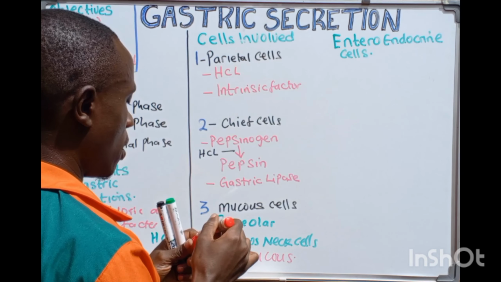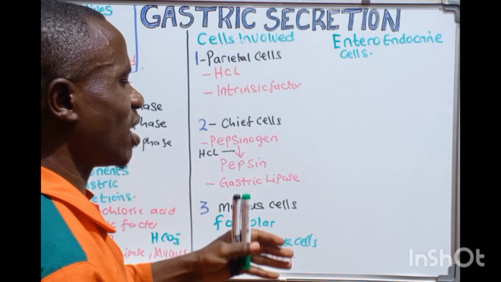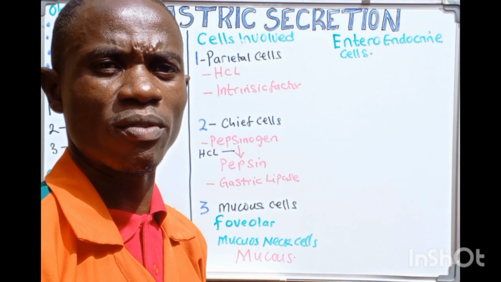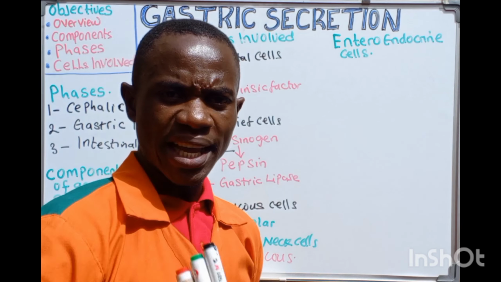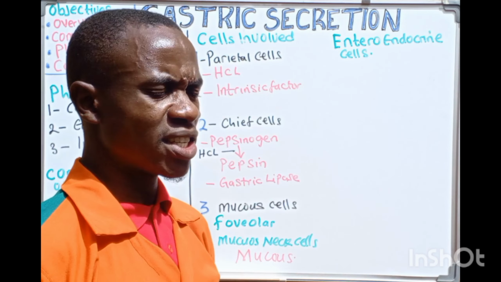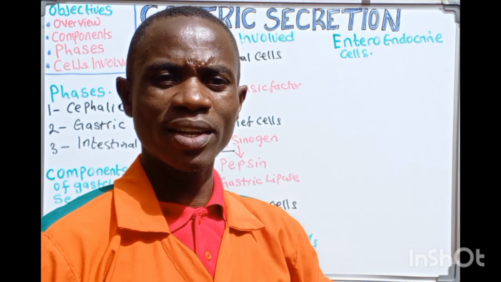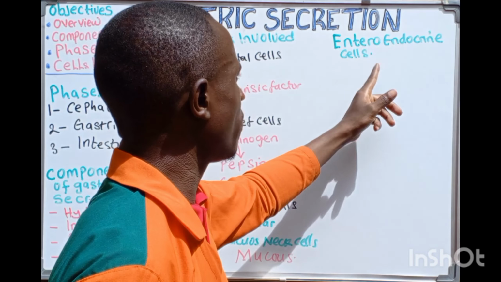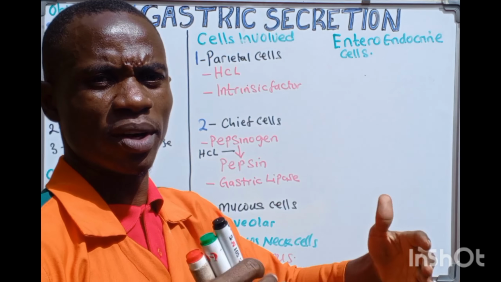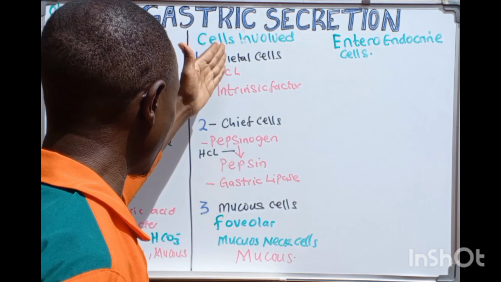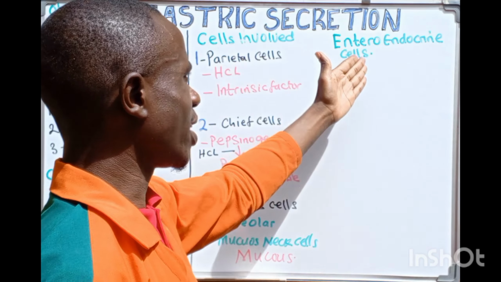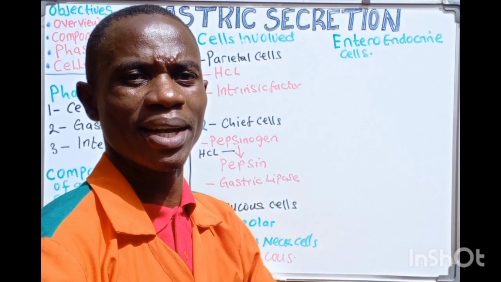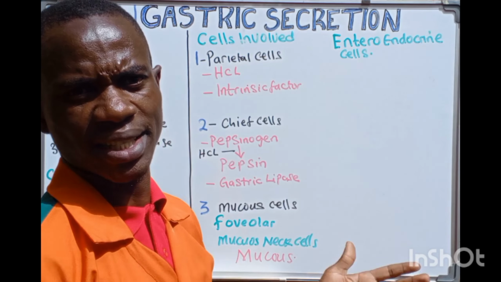So these are mainly the cells involved in secretion of the gastric secretions. Besides that, we also have the enteroendocrine cells, which are very important in producing different molecules that stimulate these cells. We need to pay attention to some of these enteroendocrine cells because they stimulate these cells to produce their secretions.